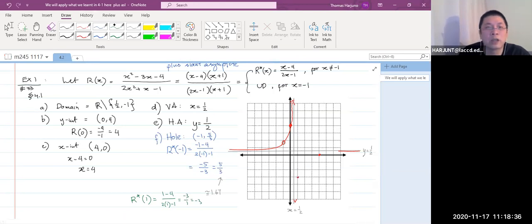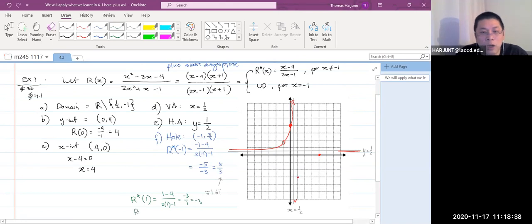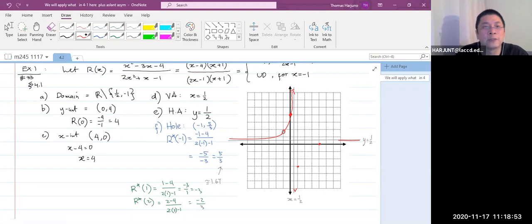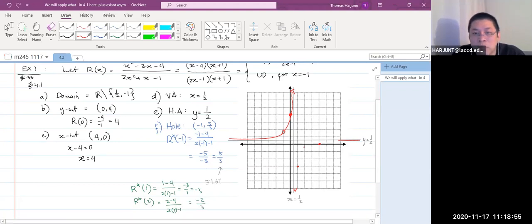How about when x equals 2? So R of 2 will be (2 minus 4) over (2 times 2 minus 1). That's -2/3, approximately.